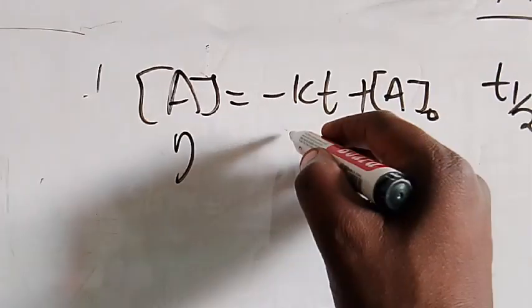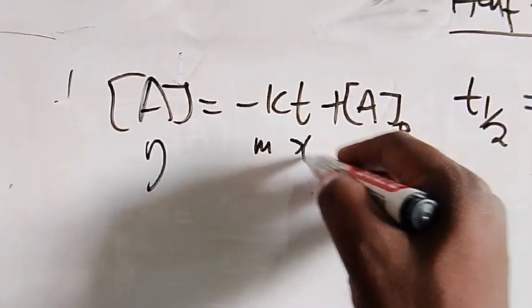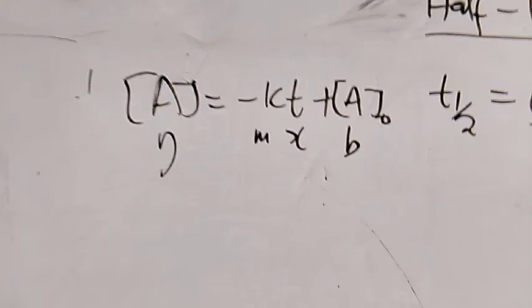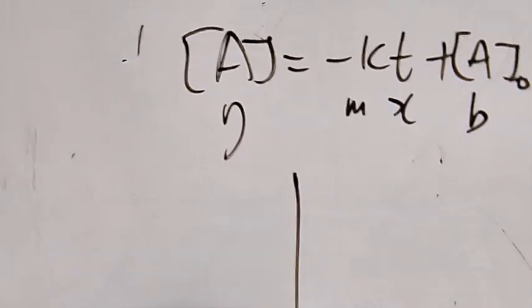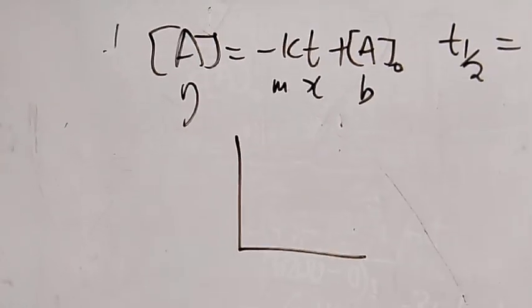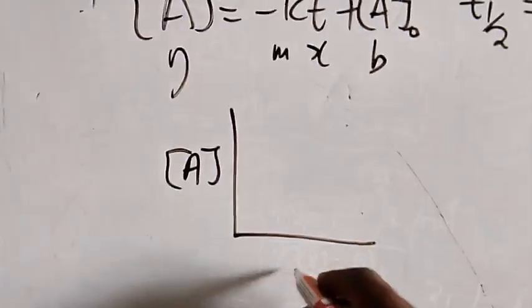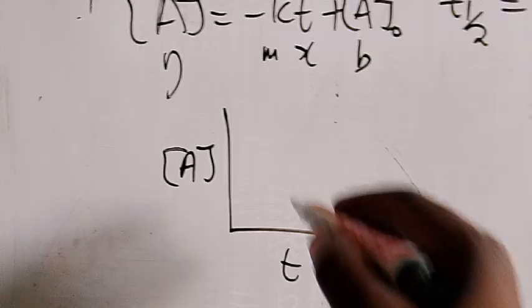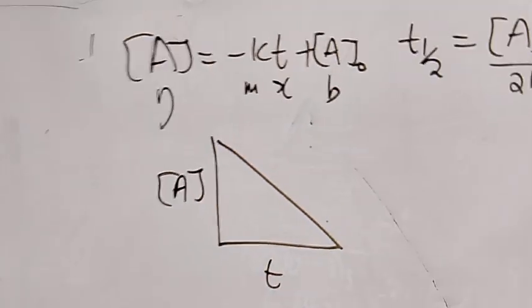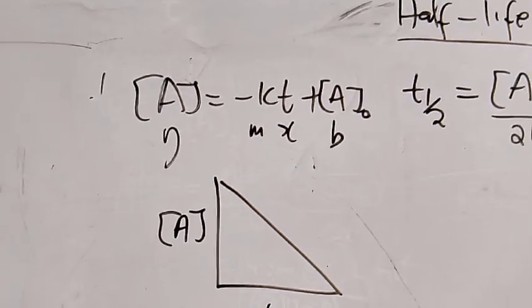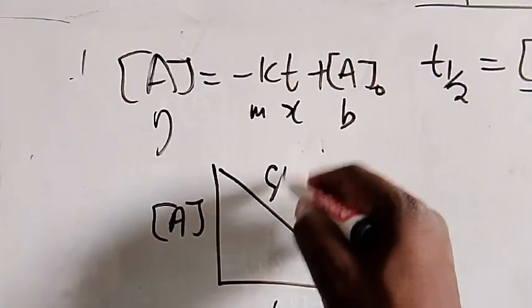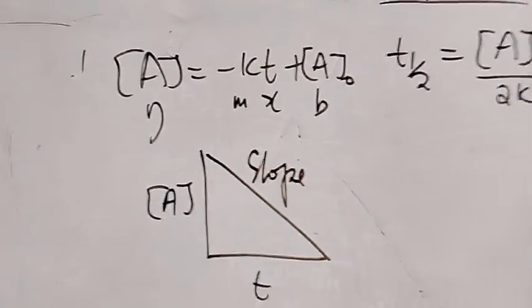So this is our Y, this is mx, and this is B. So it means a plot of concentration against T must give a straight line with a negative slope.